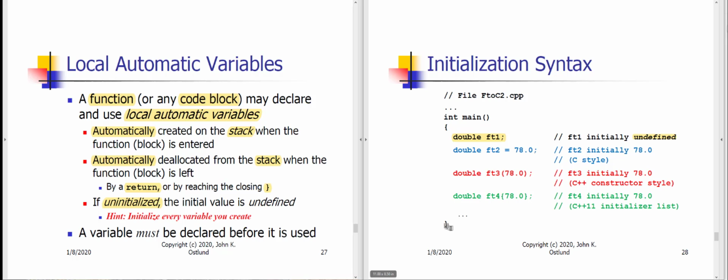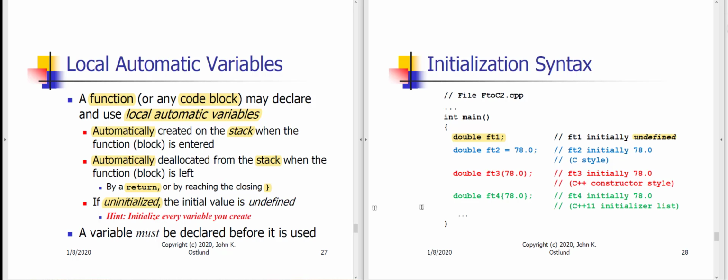Here, in this main function, ft1 is a double variable. It occupies a certain amount of memory on the stack, and ft1 can only ever contain a double value. Whatever pattern of 64 bits is in ft1, that is the value of that variable ft1 at a certain moment in time while this main function is running.